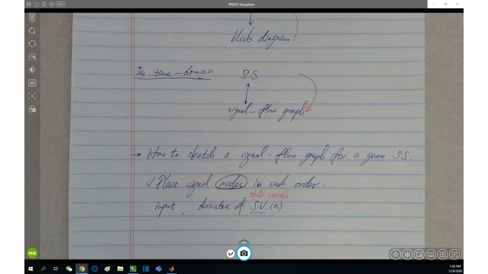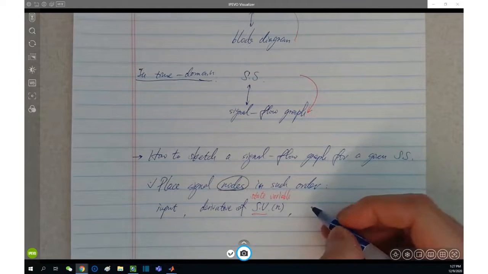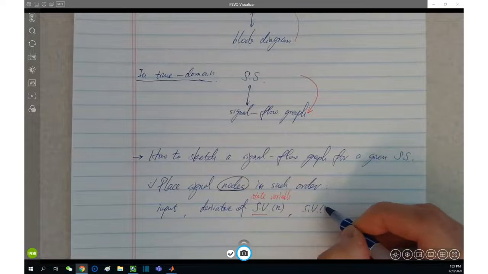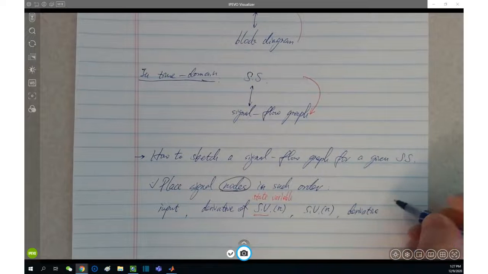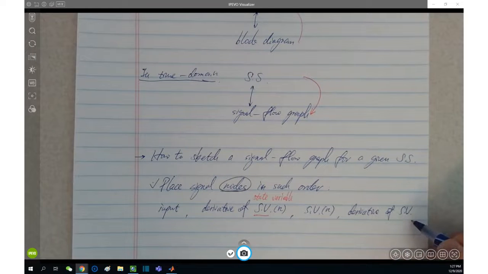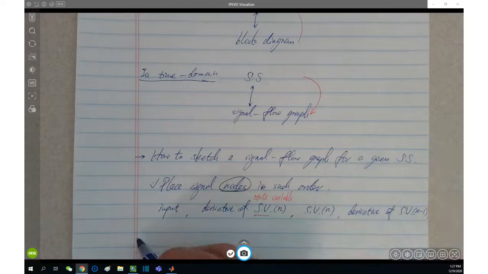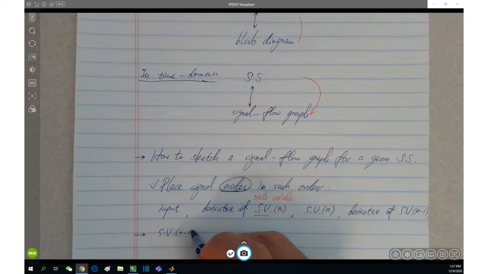You have more than one state variable, so you place the derivative of the very last state variable, which is named state variable n, right? And then followed by state variable n, followed by the derivative of the second last one, which is obviously n minus 1, right? And then followed by state variable n minus 1.